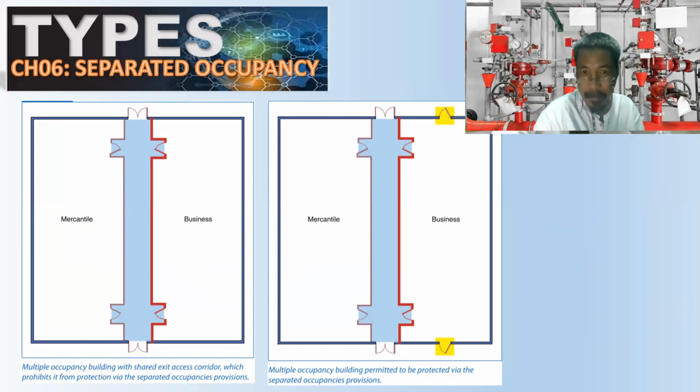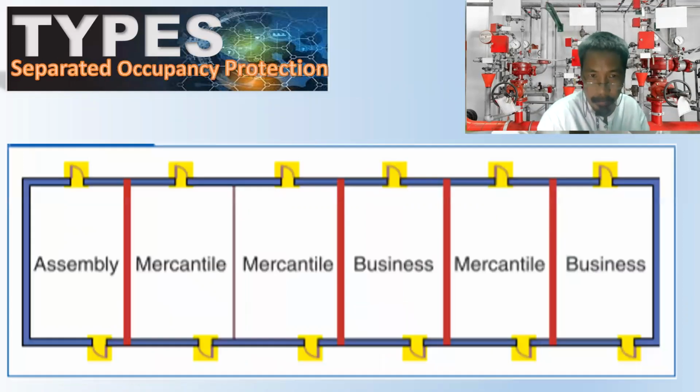Okay. So for example, in here, how many independent areas do we have? 1, 2, including this one. This is 2, 3, 4, and 5. So there are 5 separated occupancies protected from one another by these red lines.